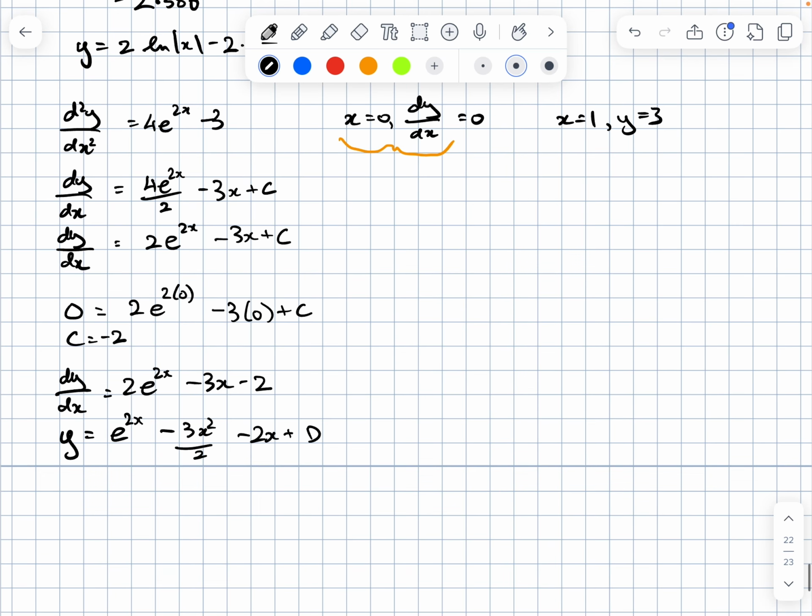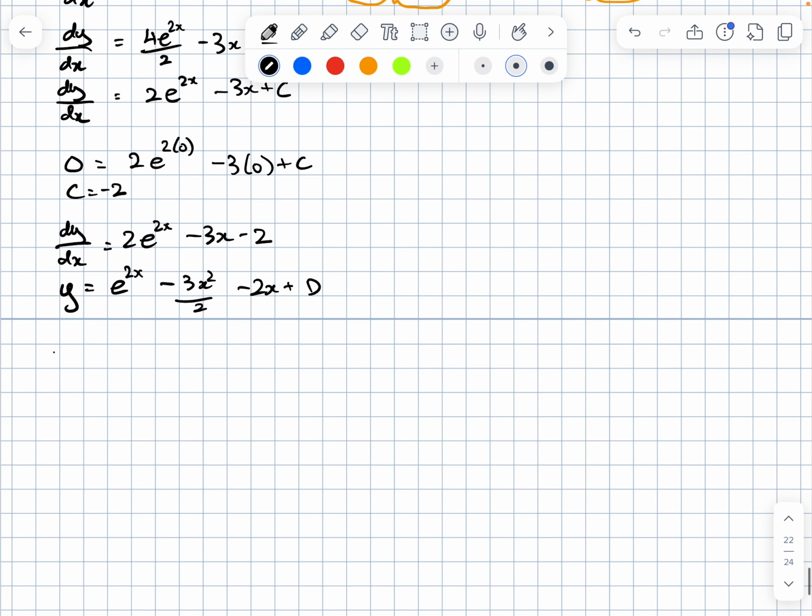Now we can plug in our other condition, x equals 1, y equals 3. So 3 equals e to the power of 2 times 1 minus 3 times 1 squared over 2 minus 2 times 1 plus d. And when you solve that, you're going to get d equals 5 minus e to the power of 2 plus 3 over 2, which is negative 0.889 to three decimal places.